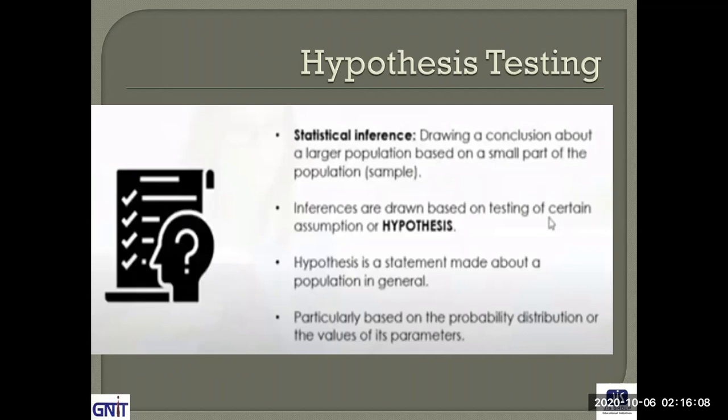But actually, hypothesis is nothing but a decision. What decision you have taken? Maybe it is wrong or right, but hypothesis is nothing but the taking of a decision. Particularly it is based on the probability distribution or the values of its parameters.